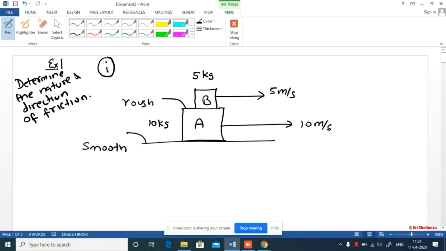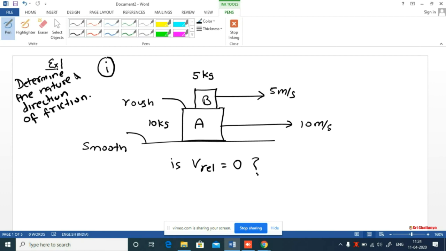So in such questions, our first question is: is V relative equal to 0? Because whether friction is static or kinetic, it clearly depends on V relative. If V relative is 0, then friction can be static.